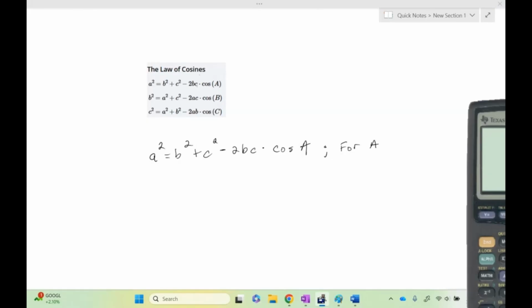I'm going to take b squared, c squared, and move those to the other side. So it looks something like this.